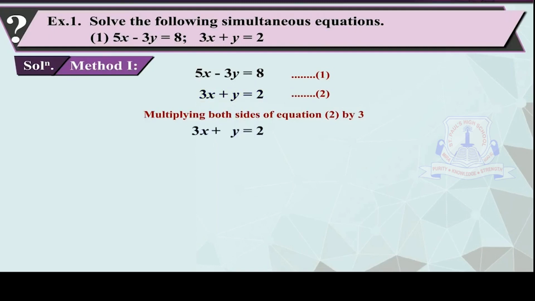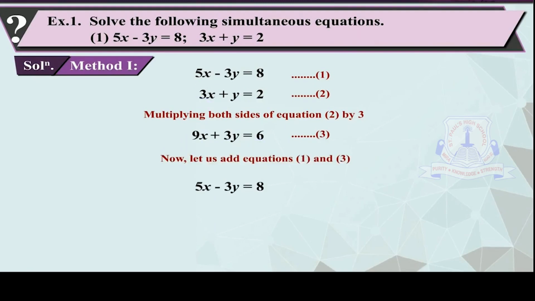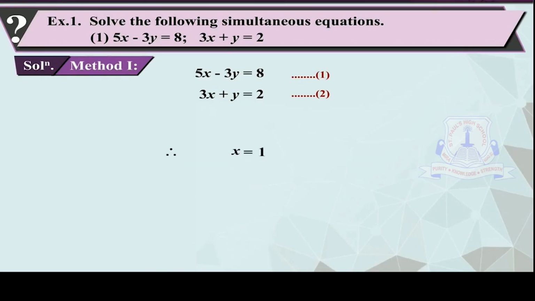Multiplying both sides of equation 2 by 3, 9x plus 3y equal to 6, equation 3. Now let us add equation 1 and 3. 5x minus 3y equal to 8 plus 9x plus 3y equal to 6. 14x equal to 14. Therefore, x equal to 1.